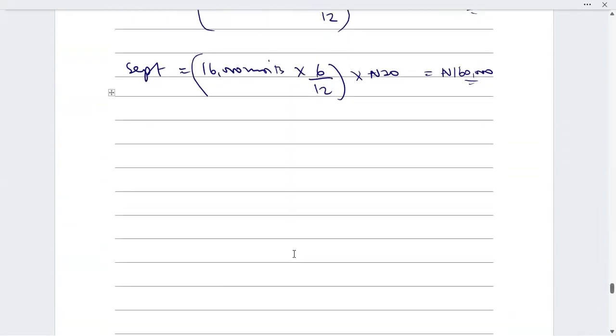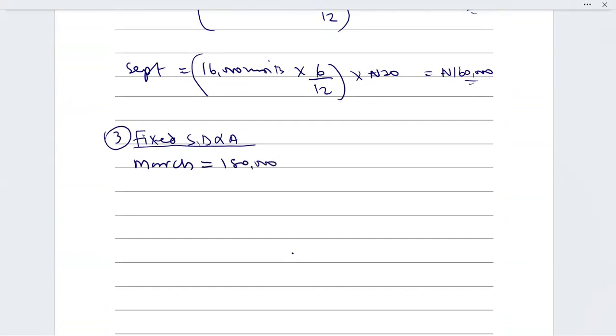This is working number 3. Fixed selling, distribution, and admin. For the period ending March, it is calculated as 180,000 naira multiplied by 6/12, which is equal to 90,000. You see the way we are making the adjustment. We can't use the entire 180,000.